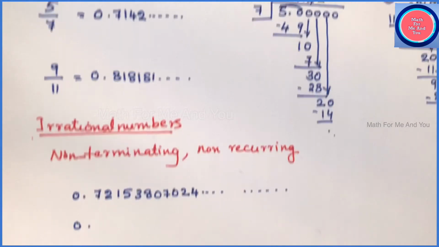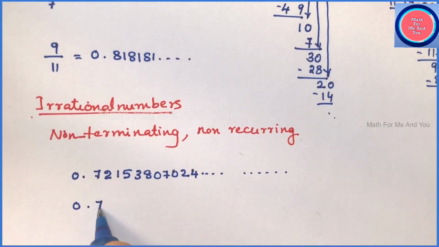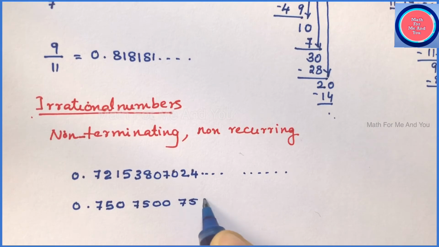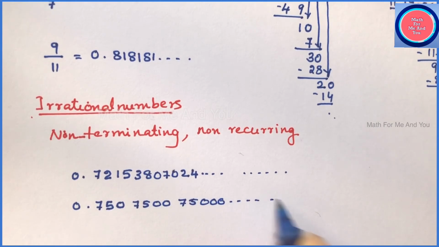Next, let me write a number. This is easy to write as an irrational number. After 72 we can take 73, 74, any number, but I am taking 75. Simply I have selected that, and see the pattern. I write 750. After that 7500, then 75000. So this is easy to write as an irrational number.